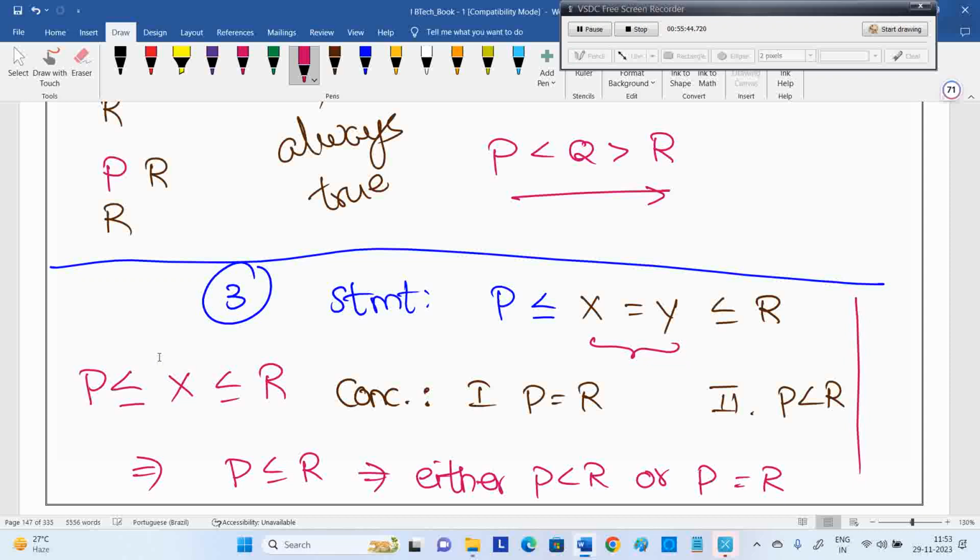Some people blunder, saying both follow. Boss, remember, if you say both follow, how can my height and your height be the same, and at the same time I am taller than you? It's not possible, right? One among those only is possible. I may be equal to you, I may be shorter than you.